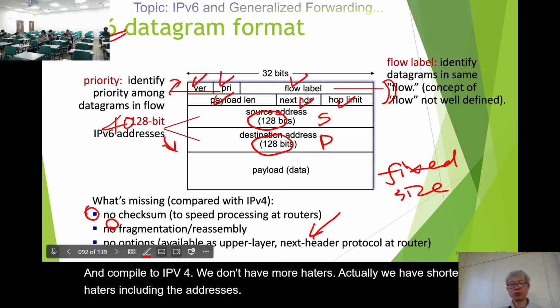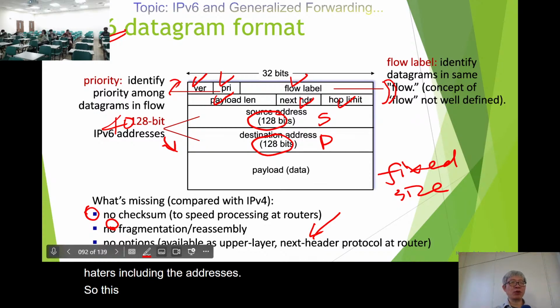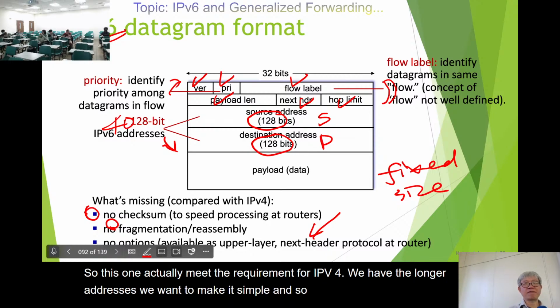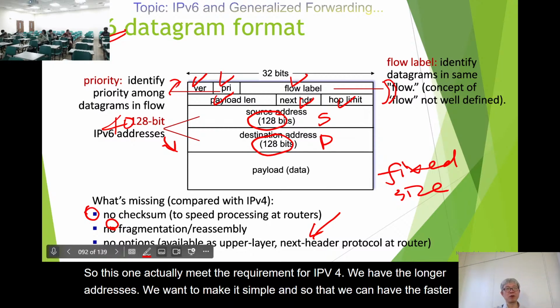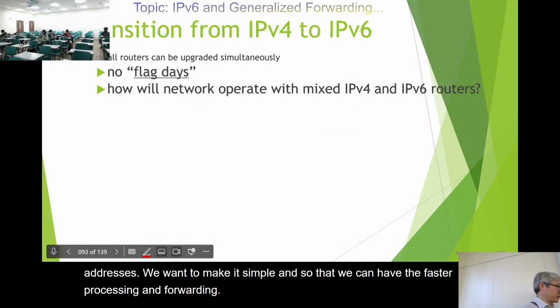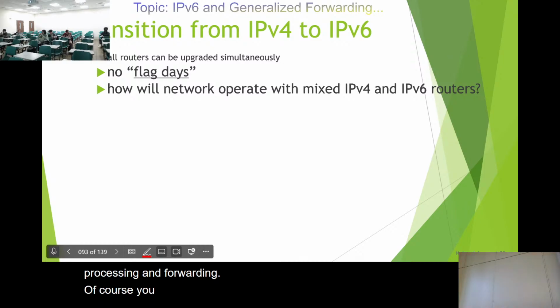Well, so this one meets the requirement. We have the longer addresses, and we want to make it simple so that we can have faster processing and forwarding. Well, of course, if we want the transition from IPv4 to IPv6 to be complete, you can check currently, is it true?